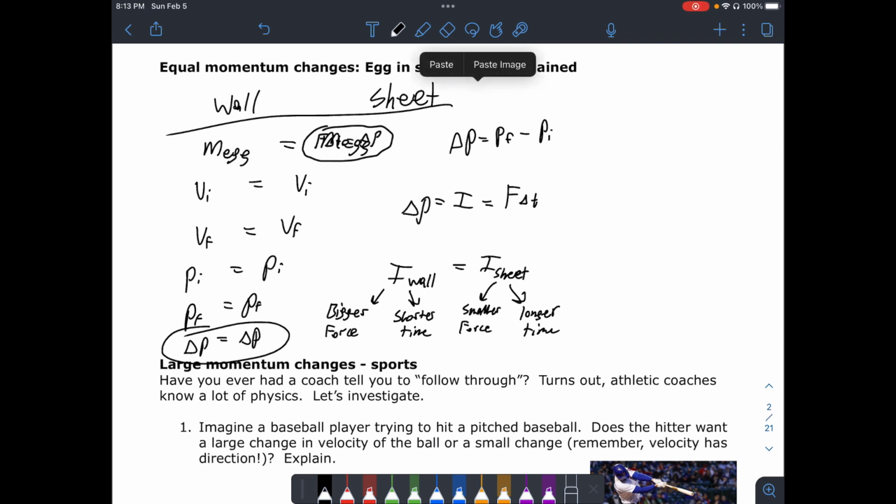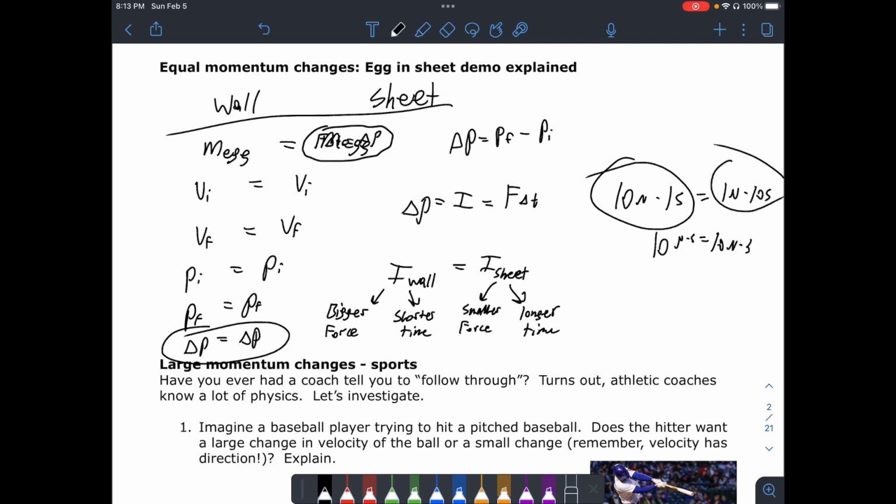It's like saying that 10 newtons for 1 second is equal to 1 newton for 10 seconds. You're both going to get 10 newton seconds.